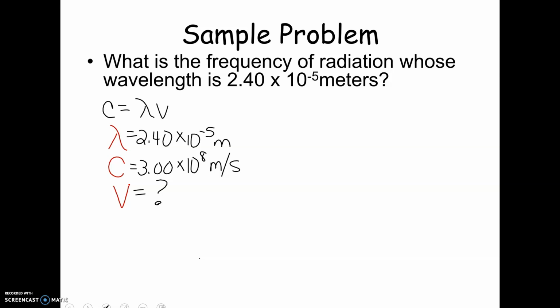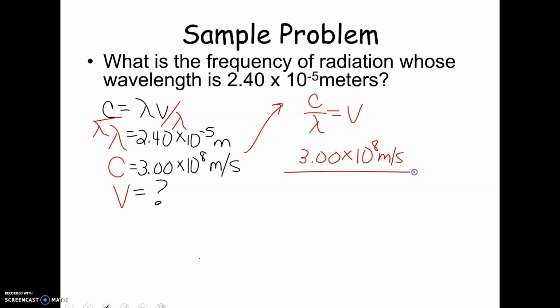All right, so let's manipulate the formula first. If I'm solving for frequency, I can divide both sides by wavelength, and that's going to get rid of wavelength. And so my manipulated formula would be that the speed of light over the wavelength is going to give me my frequency. So speed of light, 3.00 times 10 to the 8th meters per second.